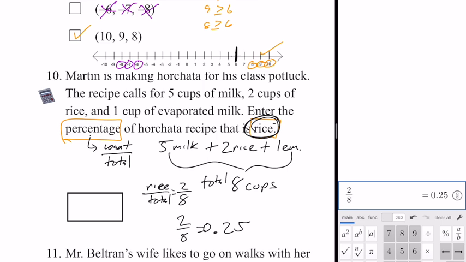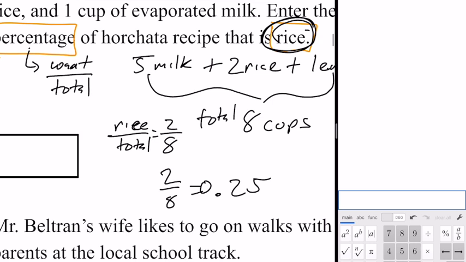How do I make that into a percent? Well, let's play around with this. If I put a percent, does that help me? No, it doesn't. So 0.25. Can I do the percent of? No. So that didn't help me for these buttons. Okay. So what do I do to figure out the percent?